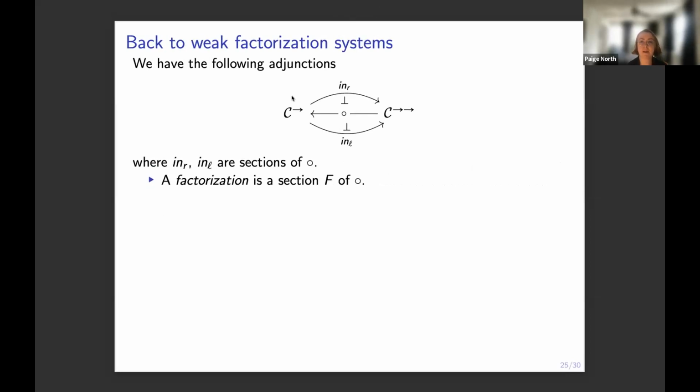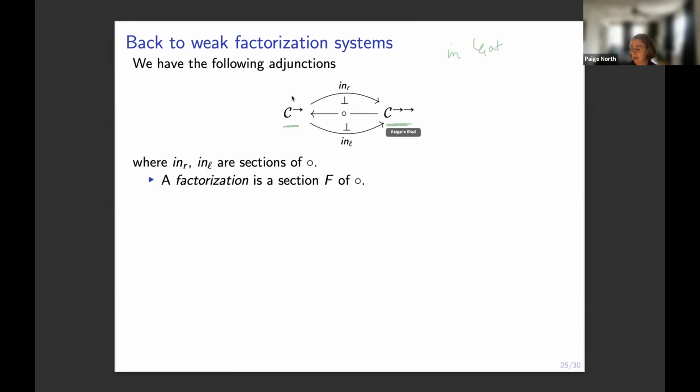Okay, so let's explore what I mean, and what Benno, Aaron, and I developed, by some examples. We're in the category of categories here. This is now not part of the weak factorization system, but we're taking a category to its arrow category.